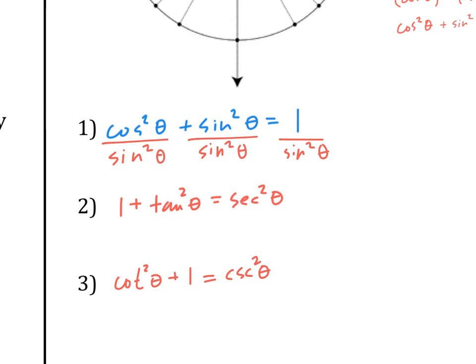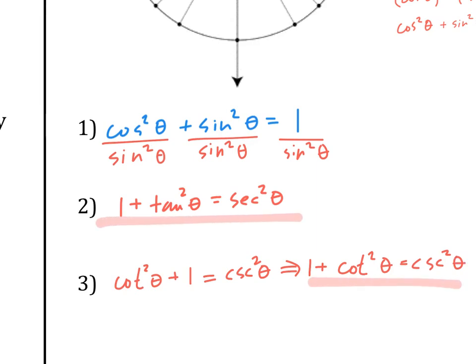What I like to do is change this one to 1 plus cotangent squared equals cosecant squared, just swapping the placement of these two, because now it looks very similar to the second one, so it's easier to memorize. A lot of times students over the years say they just remember this as 1TS and this as 1CC, and go from there.